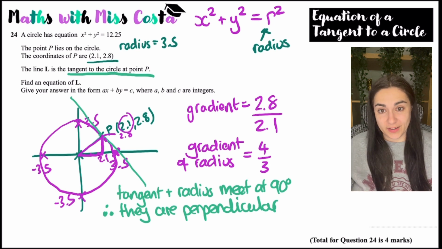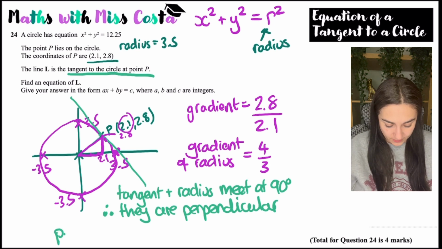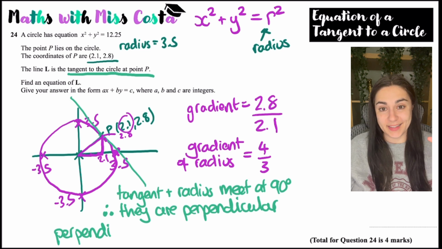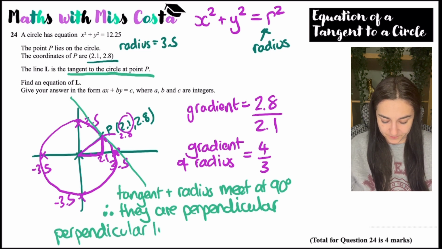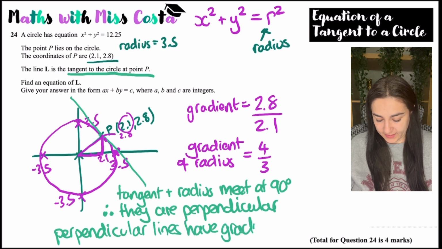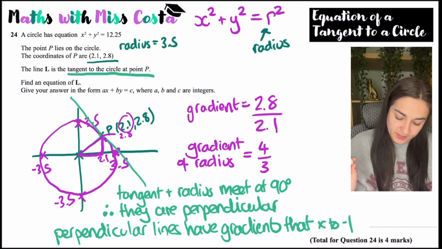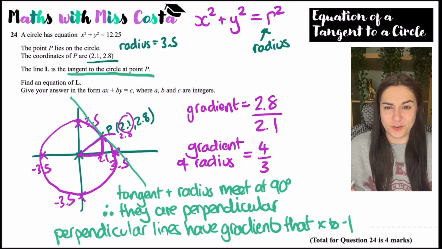And if lines are perpendicular, then they have gradients that multiply to make -1. So essentially, when you've got lines that are perpendicular, the gradient of the other line is going to be the negative reciprocal of your original.